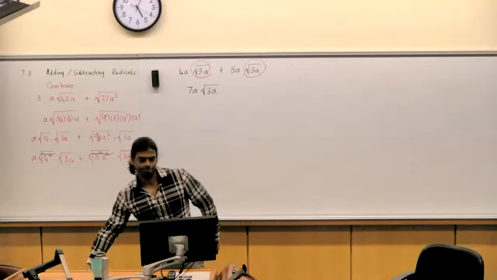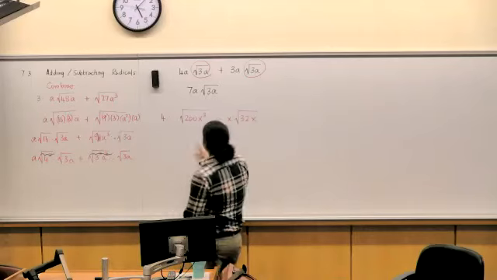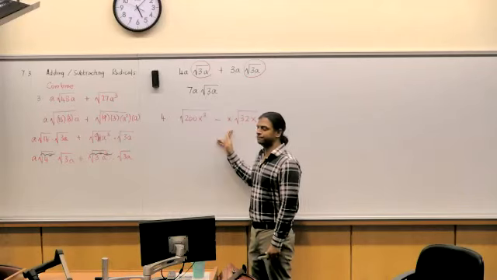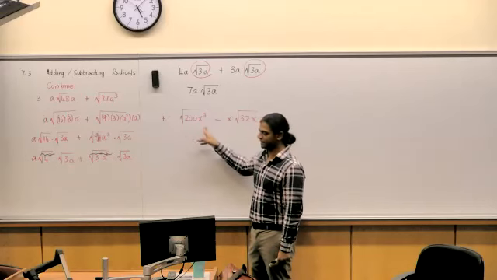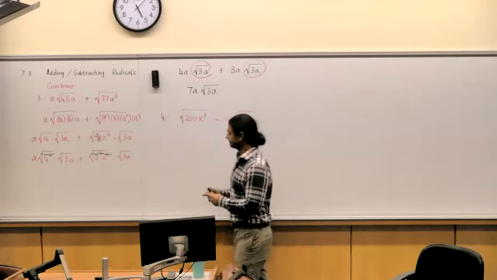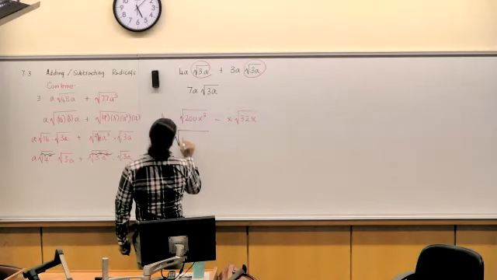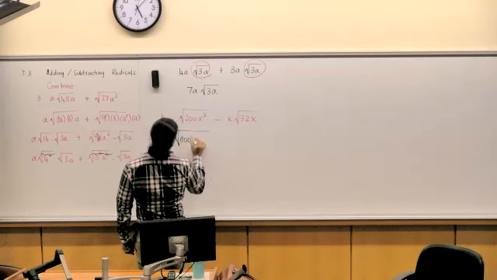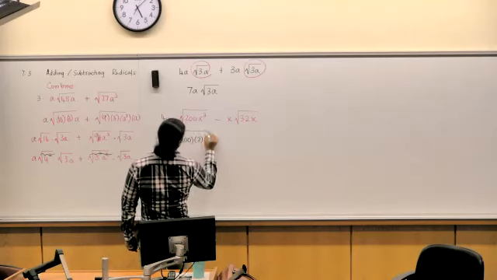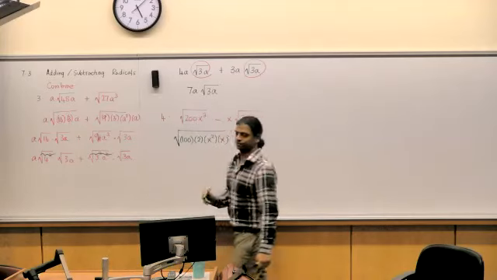But first step, to write whatever that is inside the root in terms of perfect squares. So square root of 100 times 2 times x squared times x.